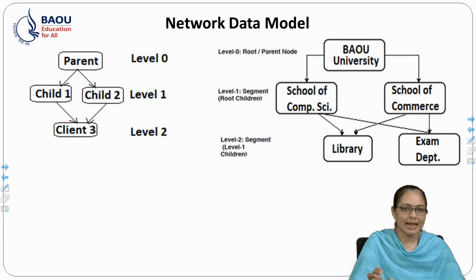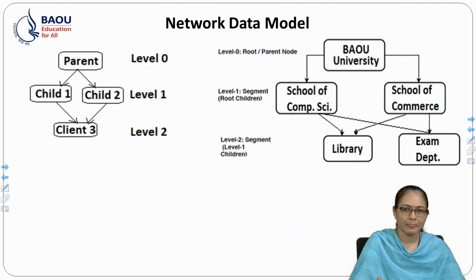Here the entity School of Computer Science has one owner, Bow University. Similarly, the School of Commerce has the same parent, Bow University. Library has 2 parents, School of Computer Science and School of Commerce. Both use the same library.